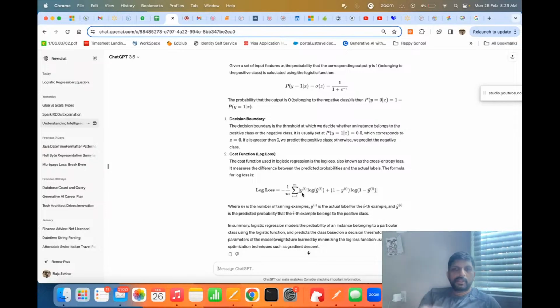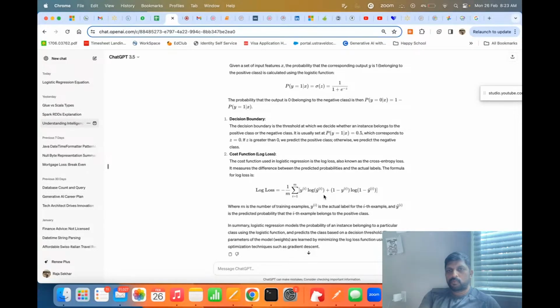Then what happens? If it is 0, then the loss is very simple. This becomes whole 0, this becomes 1. Then the loss is log of 1 minus y. If it is 1, then this becomes 0, and this becomes log of y. Correct.